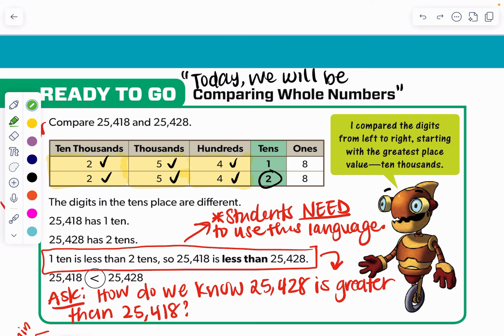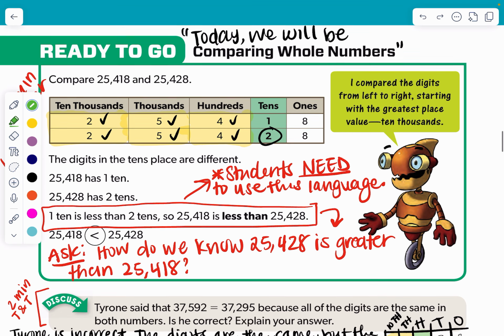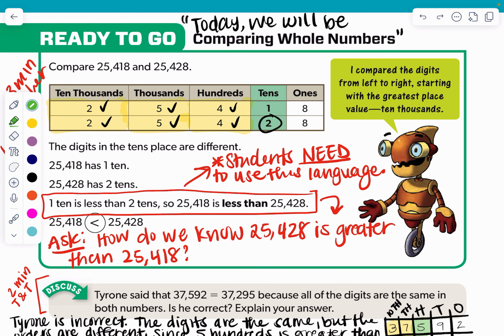And that's the same thing. So just pay attention. Some students might write the statement in reverse order, but just make sure their signs match. And notice how we're placing emphasis on students using the language, not of just placing the sign, but how do you know, using place value language, which number is greater.